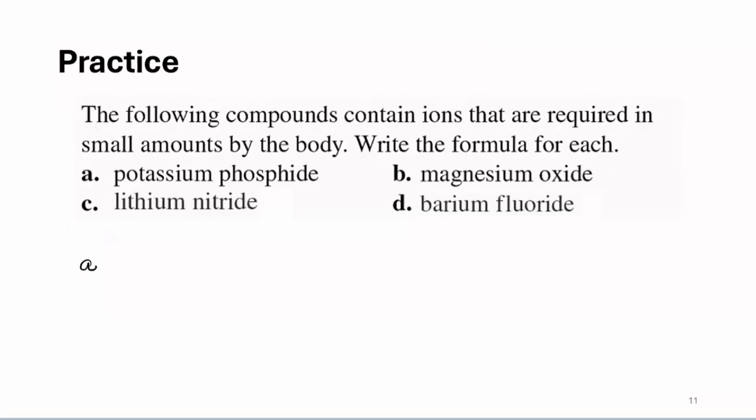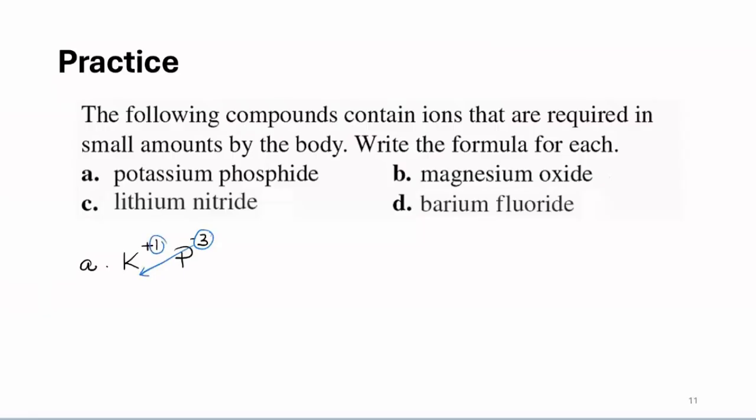In letter A, I have potassium phosphide. Potassium, its symbol is K. Since it lives in 1A, its charge is +1. Phosphide refers to the element phosphorus, and because phosphorus lives in 5A, its charge is -3. To write the chemical formula, I'm going to take the value of the charge and make it the subscript of the other ion.